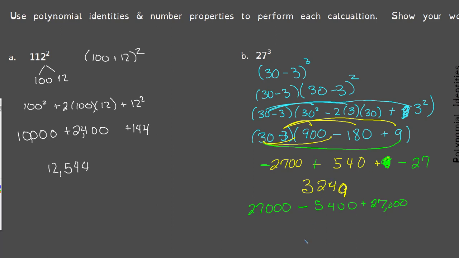Now let's combine like terms. And so that became 2,187. 27,000 minus 5,400 plus 270 equals 21,870.